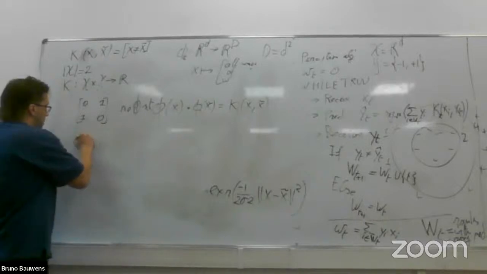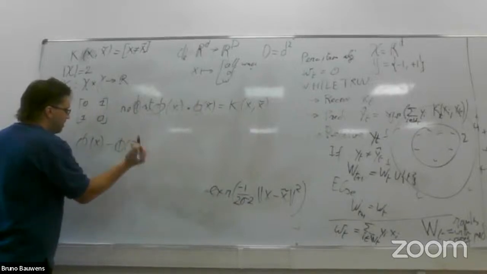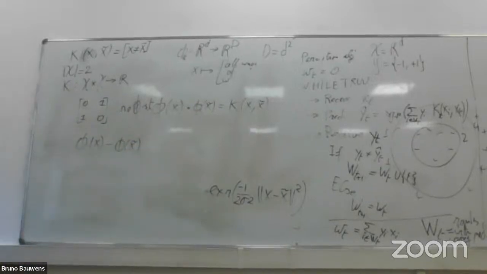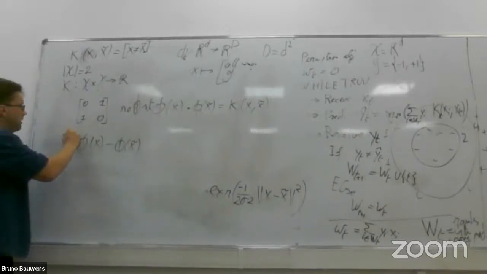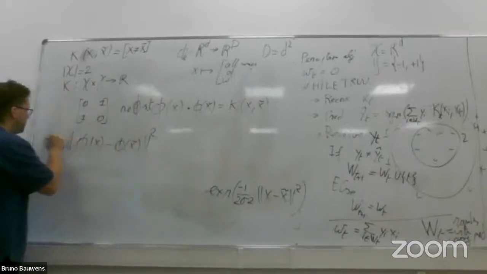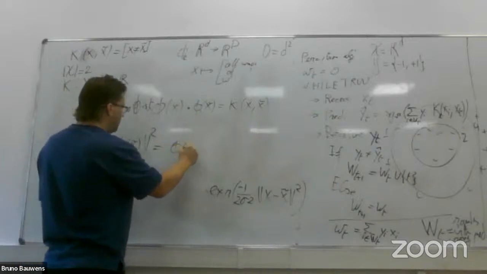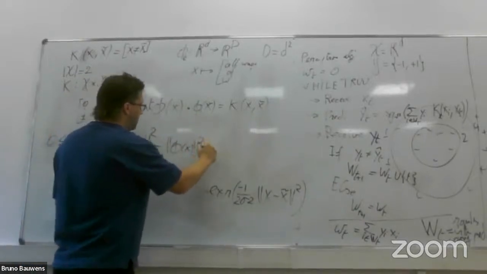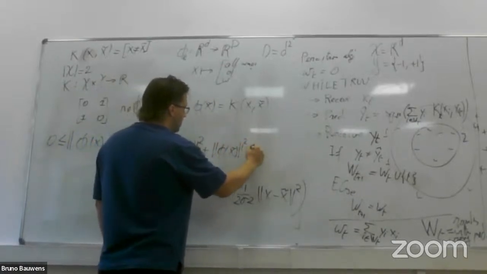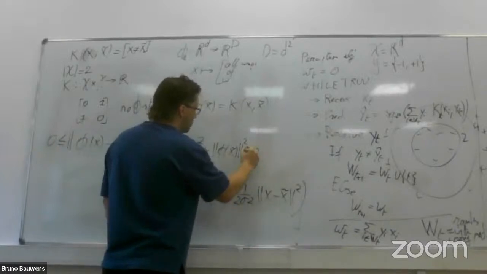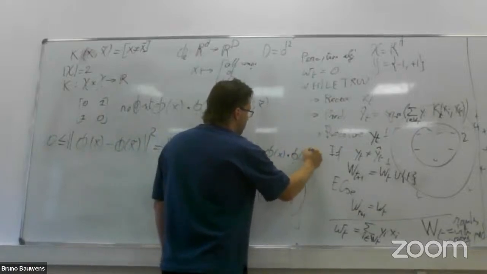Let us look at phi(x) minus phi(x tilde), and let us look at the norm squared. This should be at least 0, and so it is equal to phi(x) squared plus phi(x tilde) squared minus 2 phi(x) times phi(x tilde).